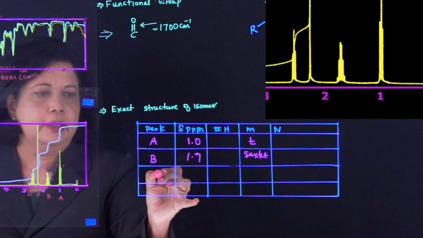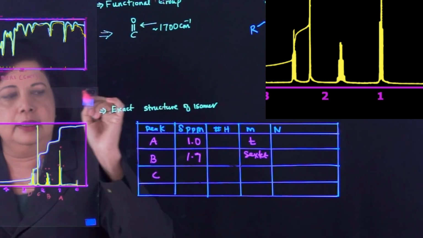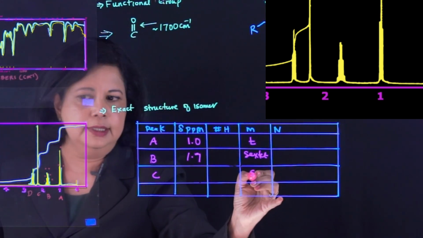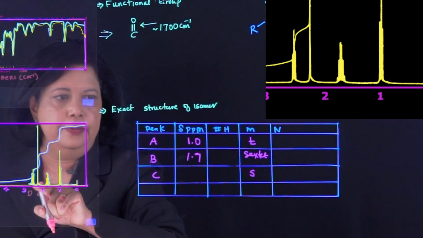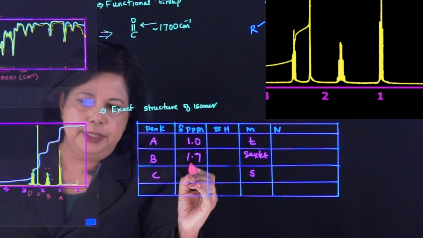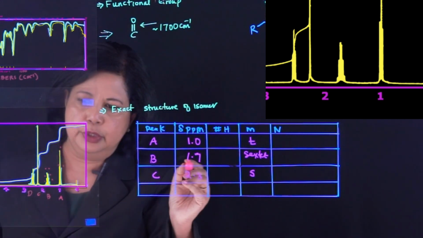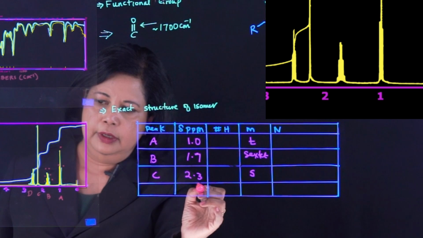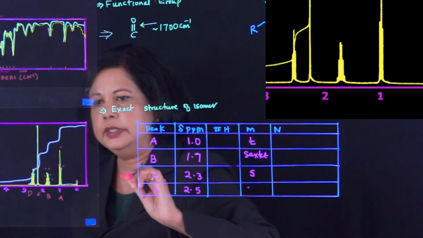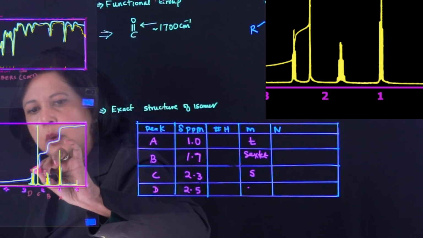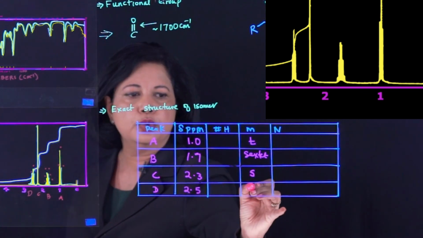C is going to be just a singlet, a very tall singlet, at around 2.3, and D is going to be about 2.5. And as you can see, this is also 1, 2, 3, a triplet.